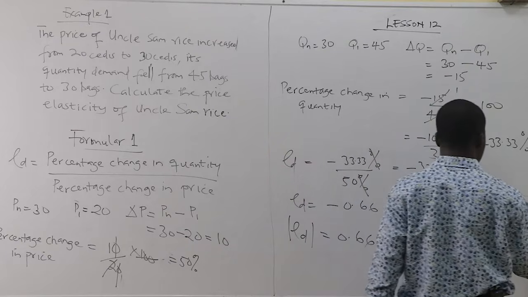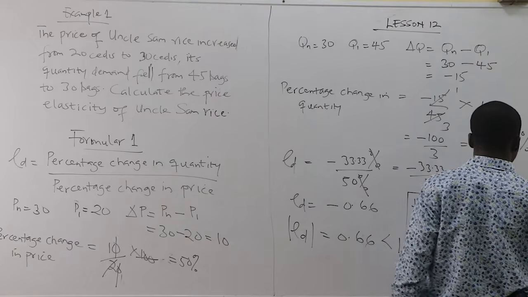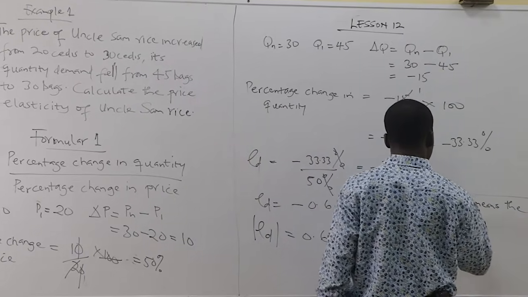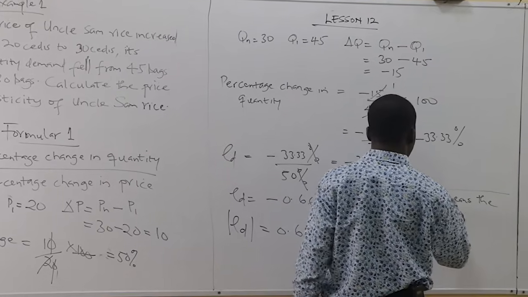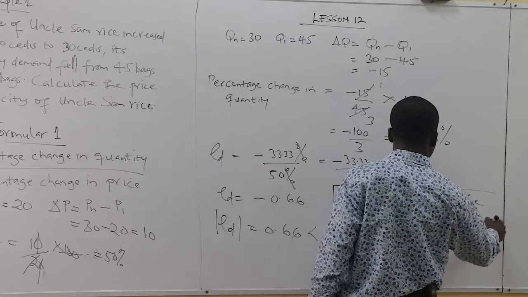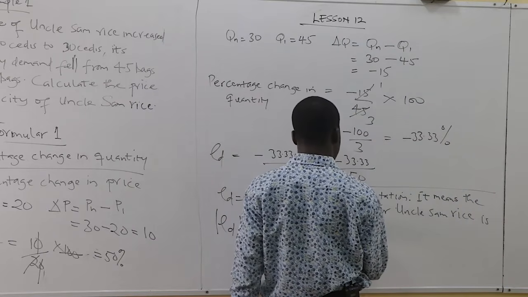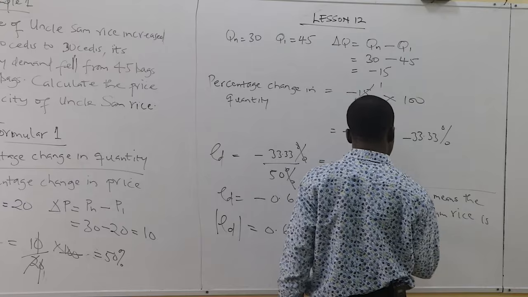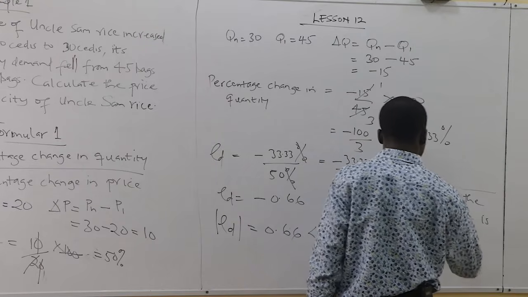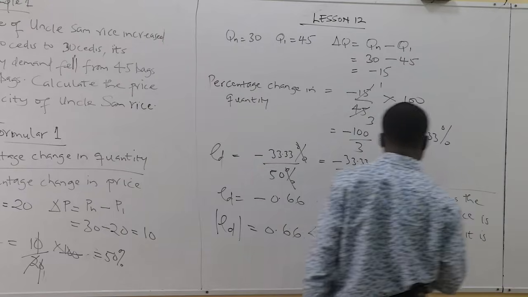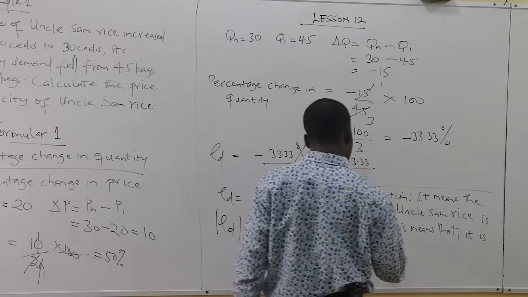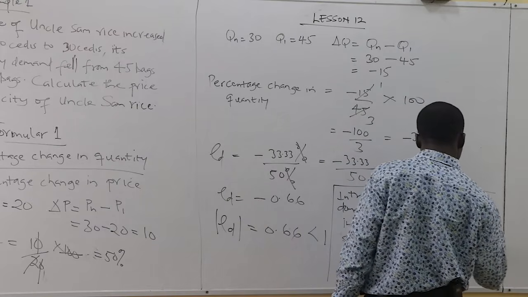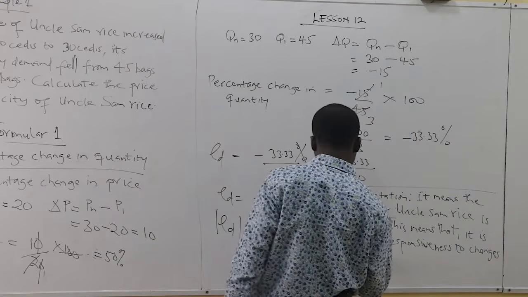It means the demand for Uncle Sam rice is inelastic, meaning that it is slightly responsive to changes in price.